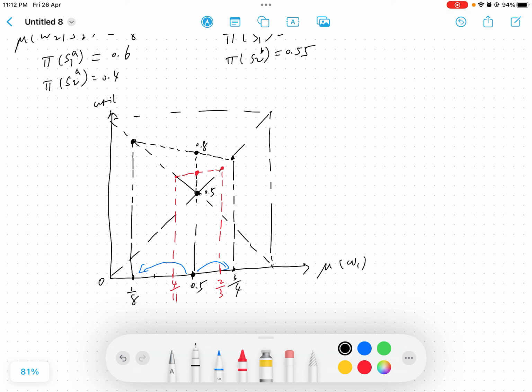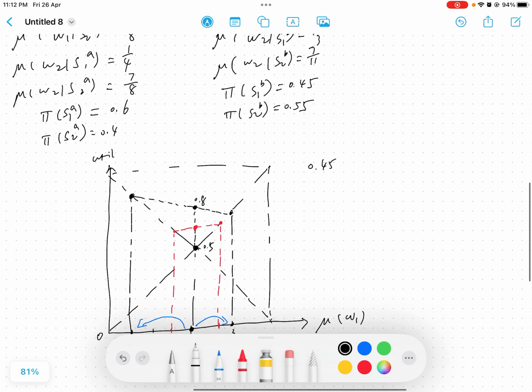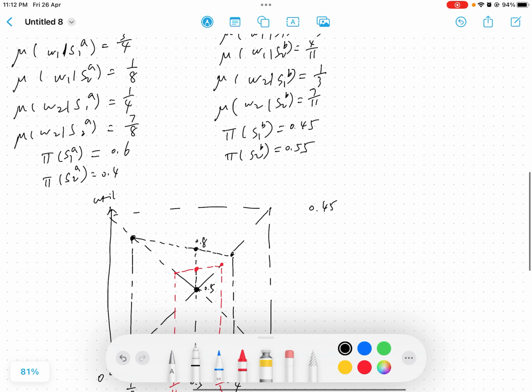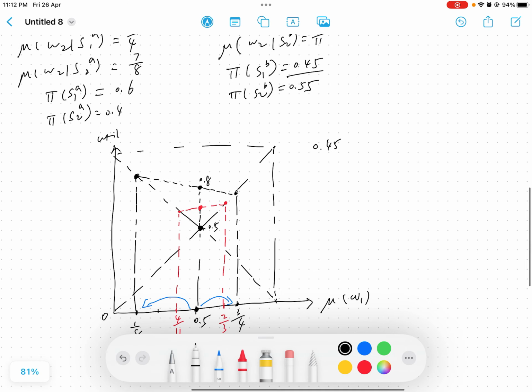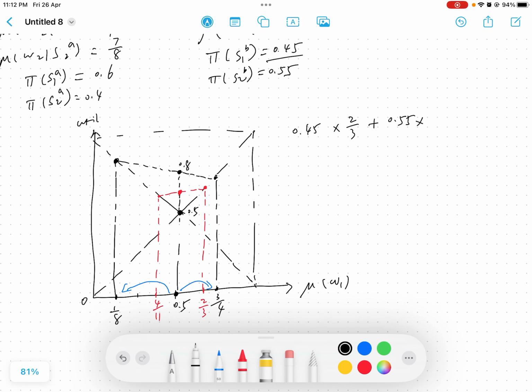The expected utility in this case is 0.45, the probability of sending S1b, times the corresponding posterior belief, which is 2/3, plus 0.55 times 1 minus 4/11.